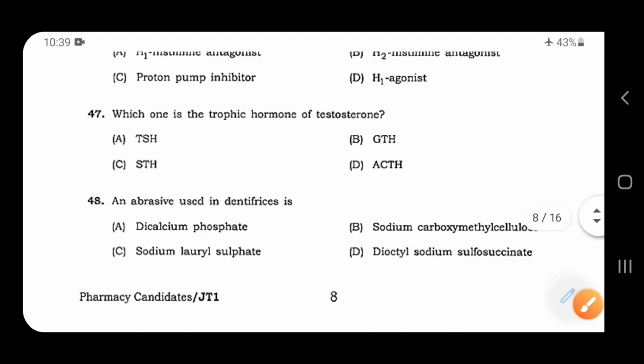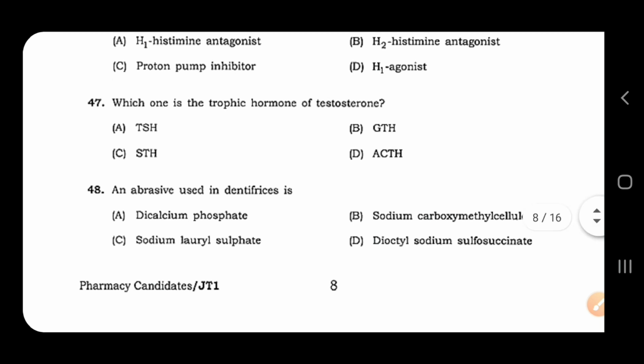Next is question number 47. Which one is the trophic hormone of testosterone? The options are TSH, that is thyroid stimulating hormone, GTH, that is gonadotrophic hormone, STH, somatotrophic hormone, ACTH, that is adrenocorticotrophic hormone. Here the correct answer is GTH.